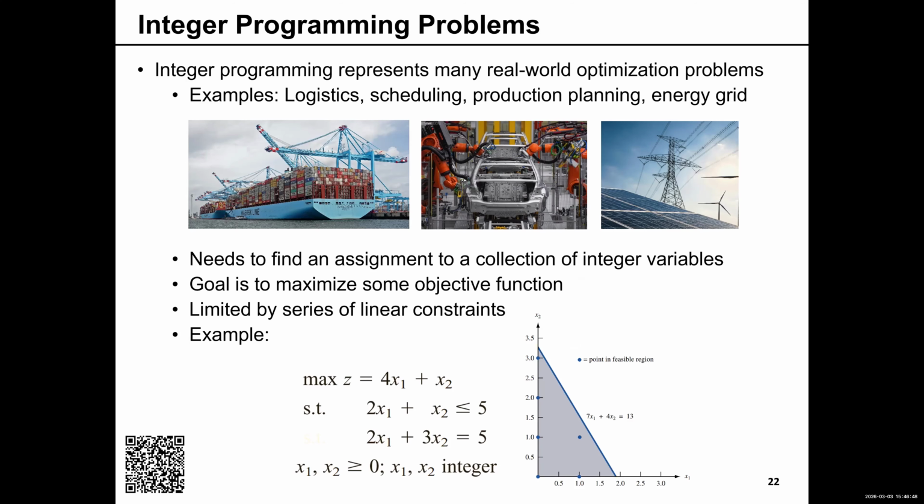The general nature of these problems is that you're trying to find an assignment to a collection of integer variables, maximizing some objective function while observing a series of linear constraints. This is why they're called linear integer programming. The difficulty of these problems comes precisely from the fact that these variables need to be integers, and that makes them difficult to solve in general.